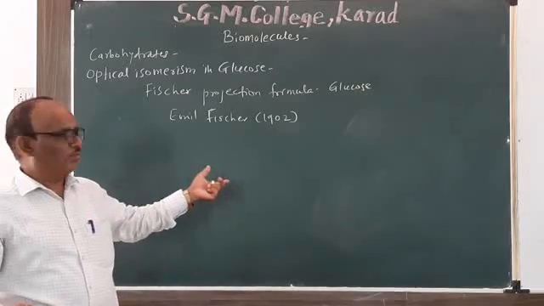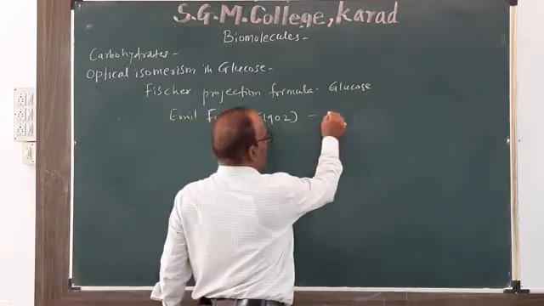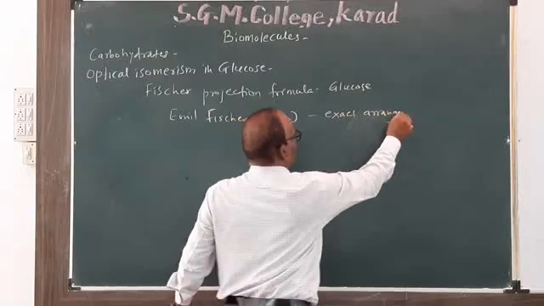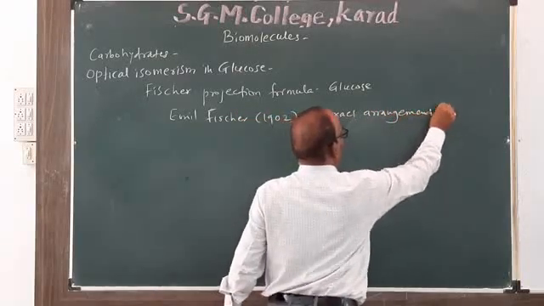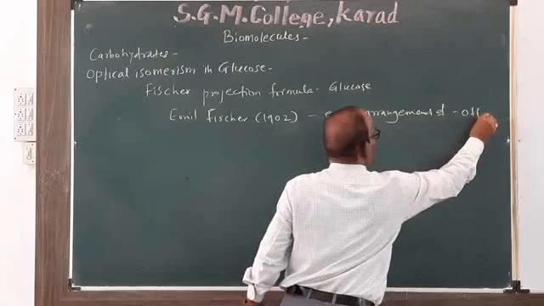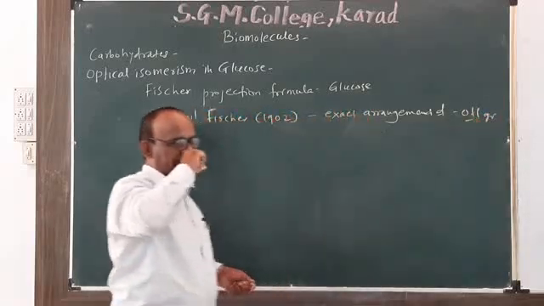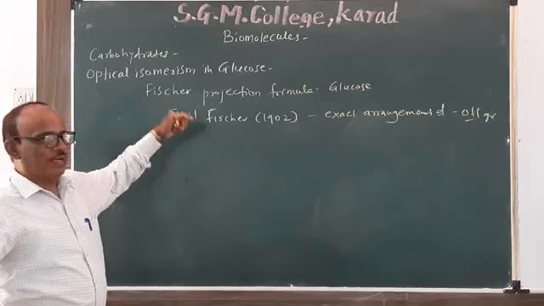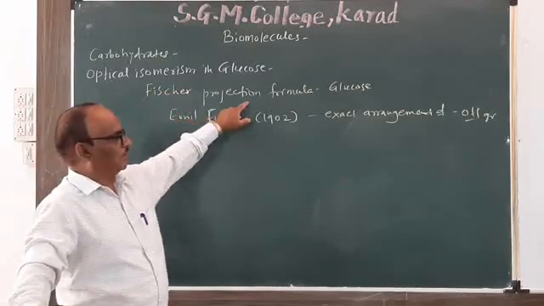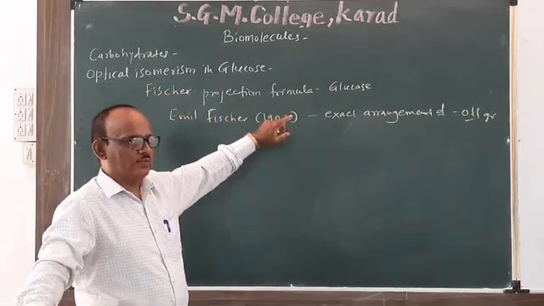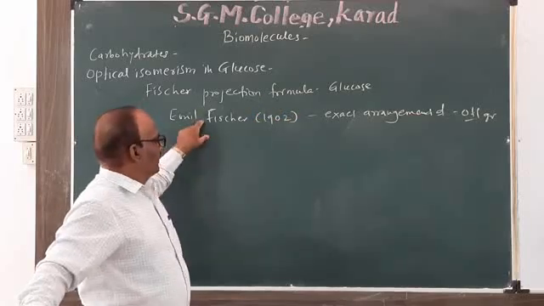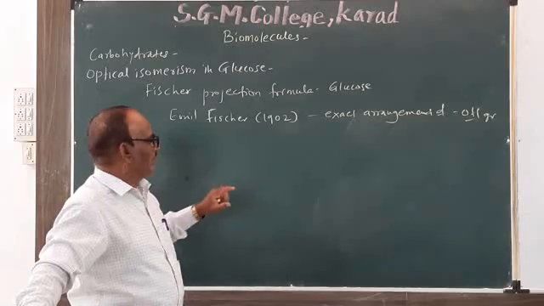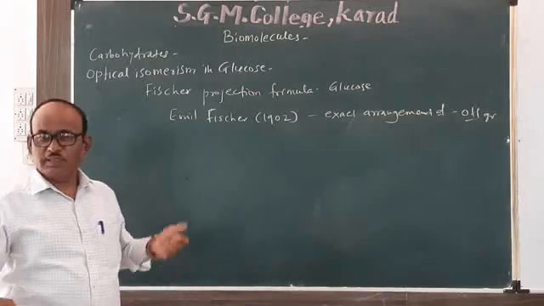he gave the exact arrangement of hydroxyl groups in the glucose structure. In the Fischer projection formula, by studying the chemical properties of glucose and measuring its optical activity, Fischer decided the exact arrangement of the OH group attached to each carbon.